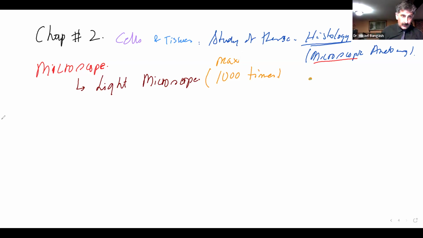Whereas another kind of microscope, and I don't think that any of you have seen that, is what we call an electron microscope.